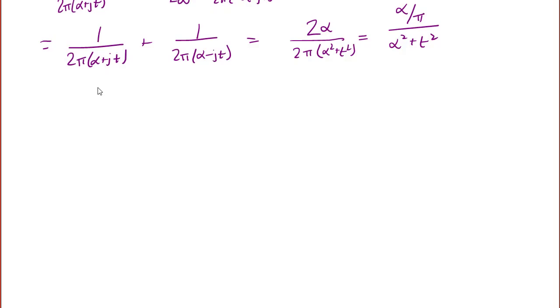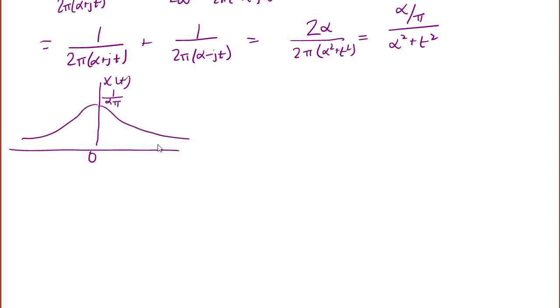So now let's create a sketch of x of t. The sketch of x of t has the following shape. At 0, it has a value of 1 over alpha pi, and then it dies off in this direction and this direction. At the halfway point, where t is equal to negative alpha and positive alpha, it has a value of 1 over 2 alpha pi.